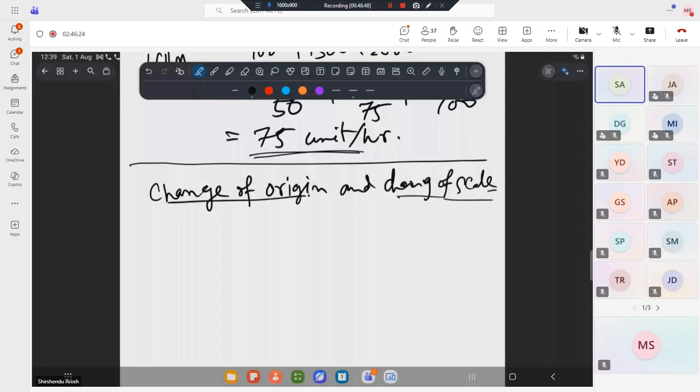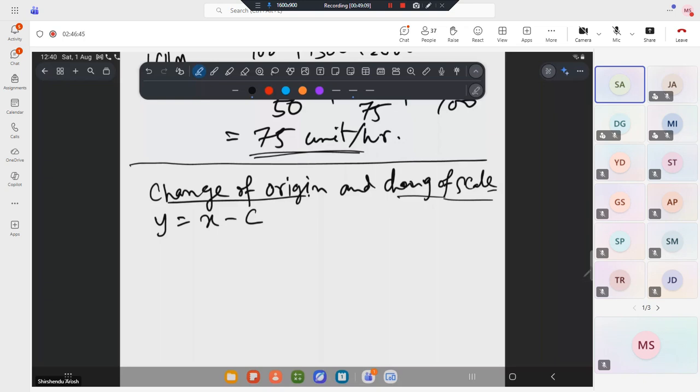Right? So what we do is that we change the numbers. In the change of origin, if I define another variable, suppose x is our original variable, we can do x minus c, where c is some constant.